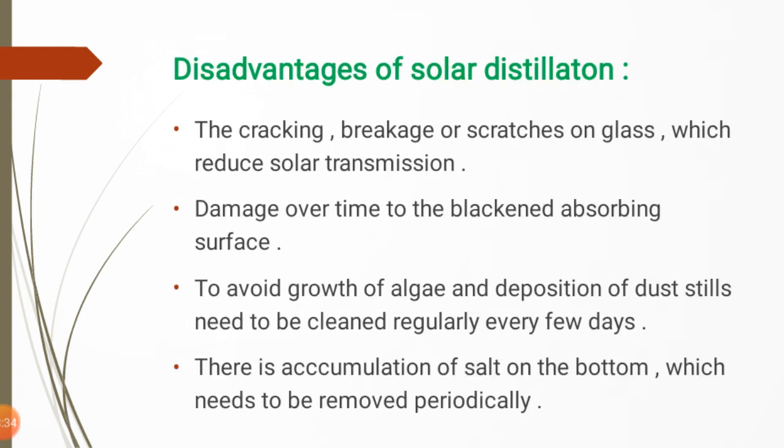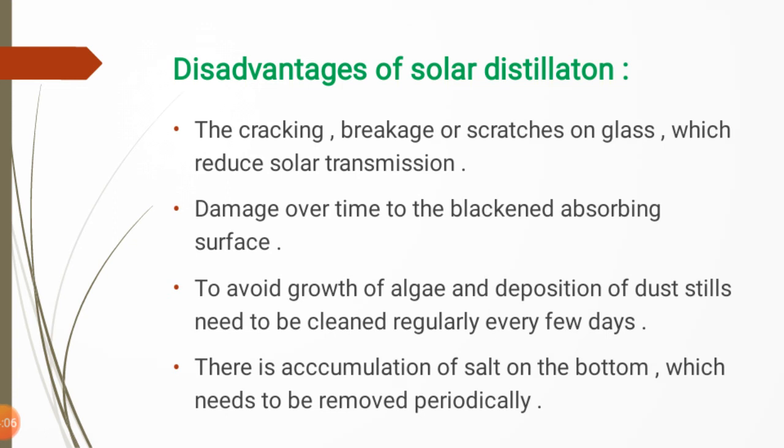So let's see the disadvantages of solar distillation. The first disadvantage is cracking, breakage or scratches on the glass, which reduce solar transmission. That means there is a transparent cover at the upper part of the basin type solar still. Due to cracking, breakage or scratches on the glass, there is a decrease in transmission.